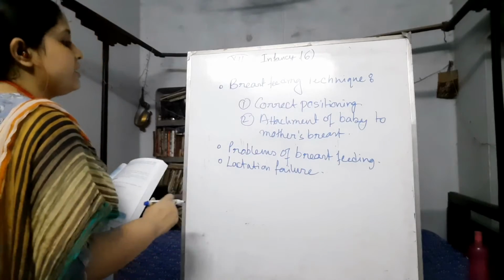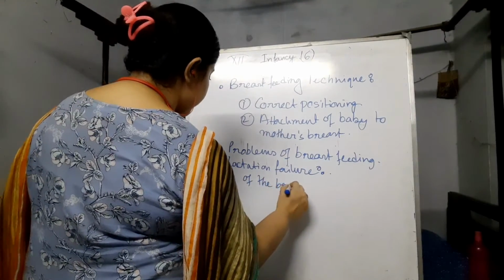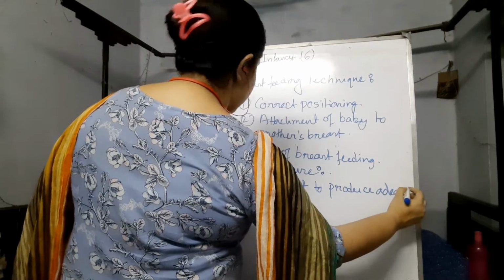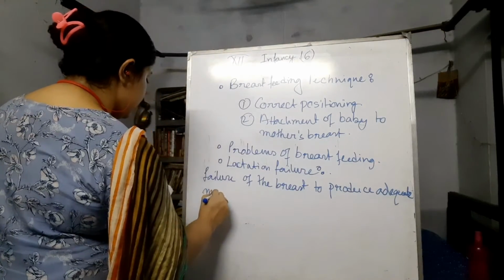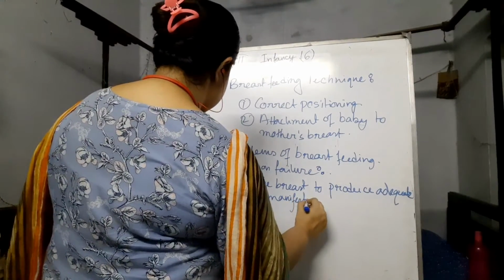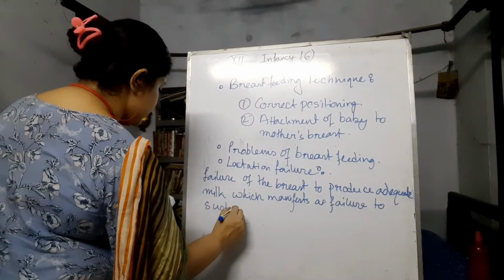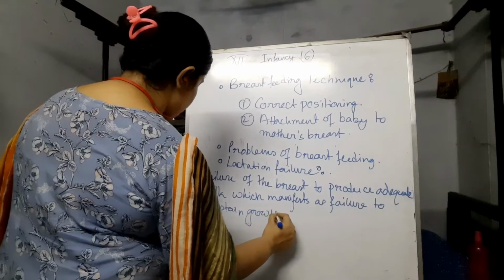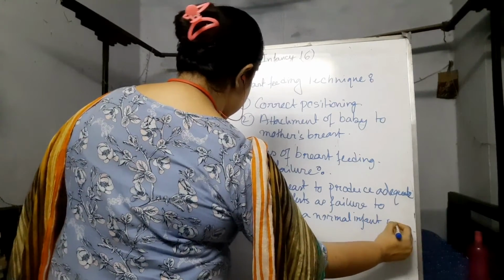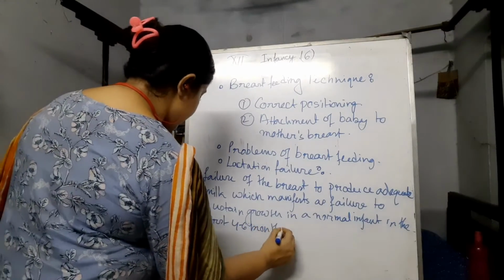Lactation failure can be defined as the failure of the breast to produce adequate milk, which manifests as failure to sustain growth in a normal infant in the first 4 to 6 months of lactation.